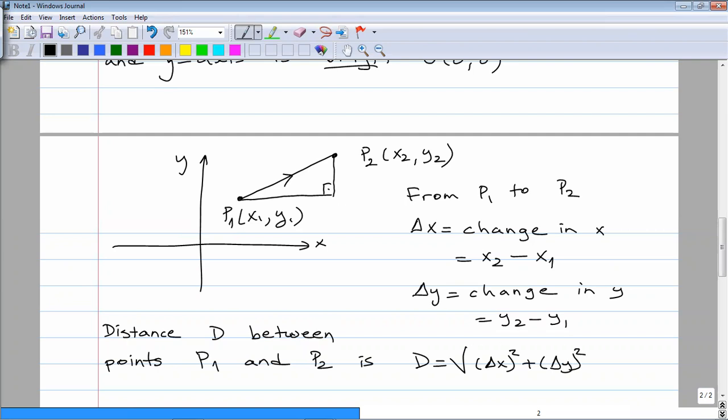And this works even if delta x and delta y are negative. So if you're trying to find the distance, it doesn't matter which point you take first and which point you take second.